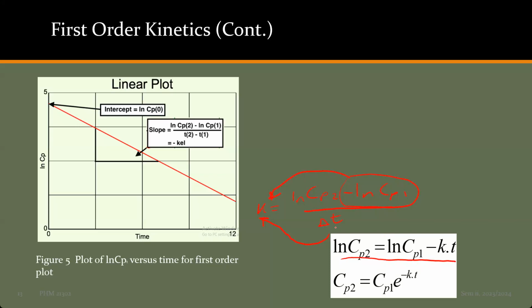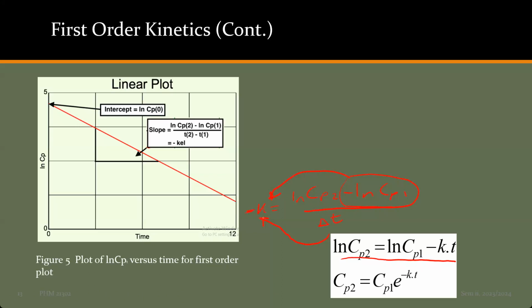If we assume that this one is, so ln CP2 minus ln CP1 divided by T2 minus T1 is equal to negative K, because this is the slope.